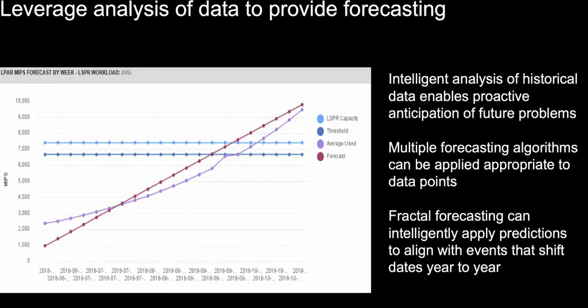A good example of that is Chinese New Year. If you're looking at a system and collected data for one Chinese New Year, that doesn't line up with the same date every year. So trying to make sure that you align that data so you're comparing like with like is also very important, and that ties into some of the forecasting that we do with performance and capacity analytics as well.